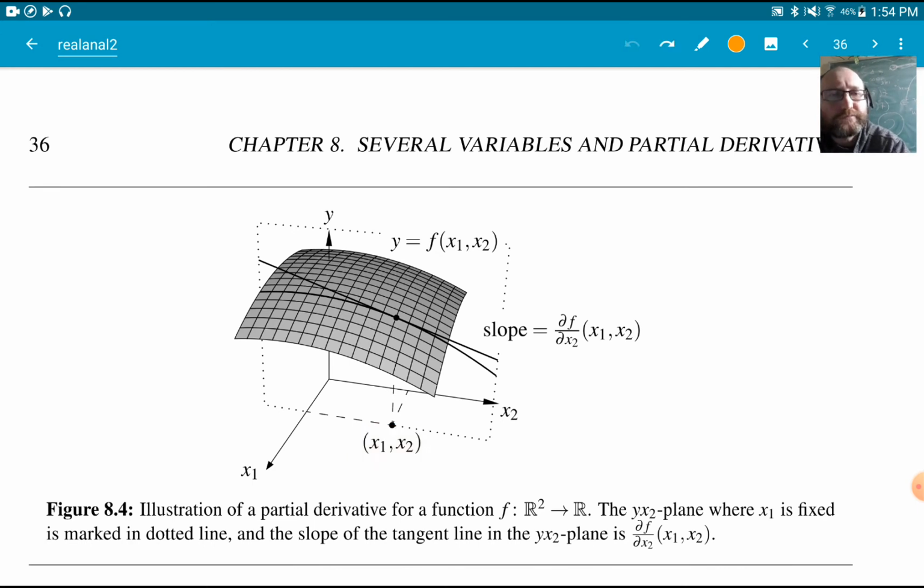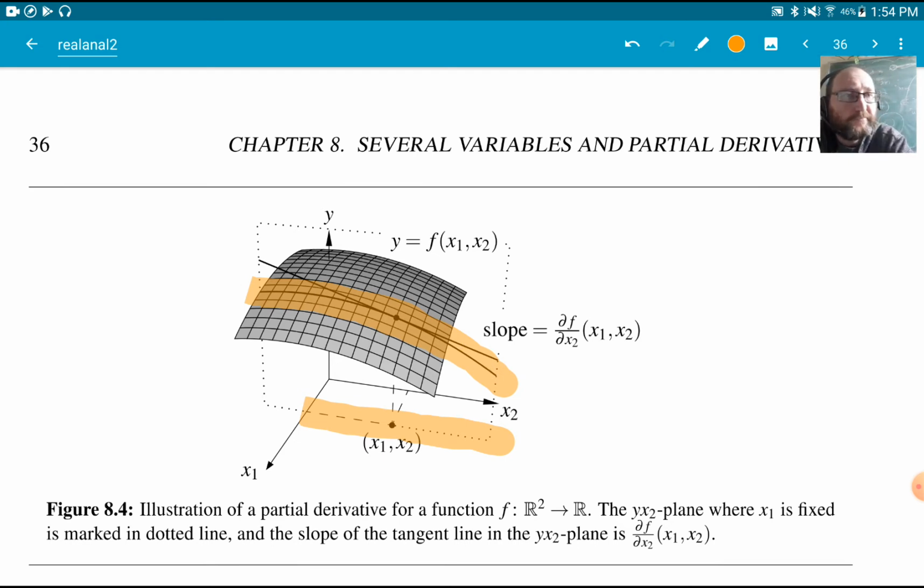Now, what is the partial derivative? The partial derivative with respect to x2 means that I look over here and I move back and forth in the x2 direction. That means moving on the graph along this curved bold line.